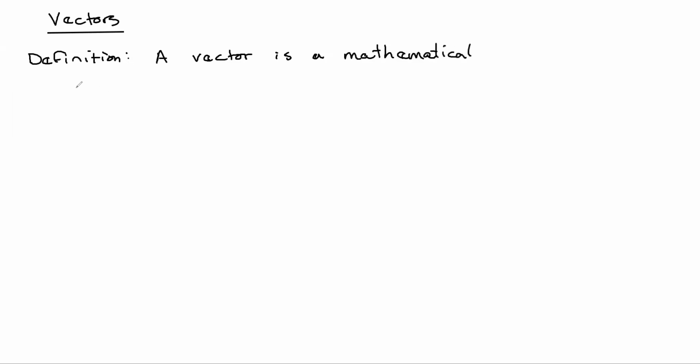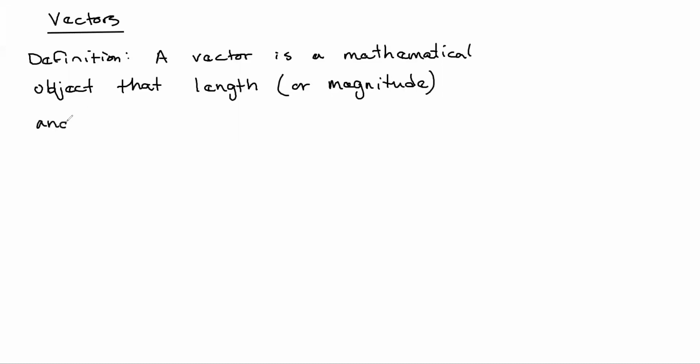First, we need to start off with a definition. A vector is a mathematical object that has length, also called magnitude, and direction.